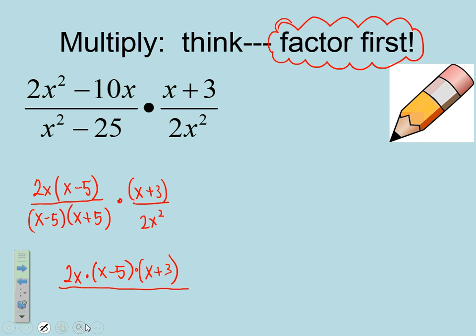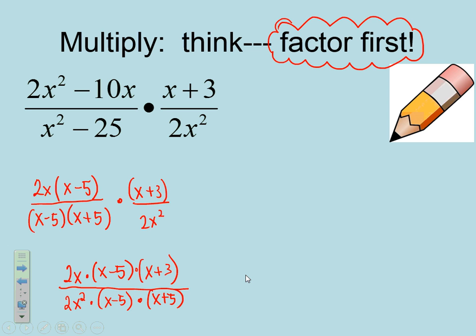Now we're going to do the same thing with the bottom. Now, see, what I tend to do is I like to line all the ones that look kind of the same on top and bottom of each other. It makes canceling way easier. So I'm going to say 2x squared here times x minus 5 times x plus 5. Now, you don't have to do that. I just do that. Makes it easier.